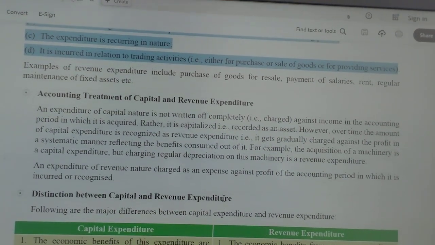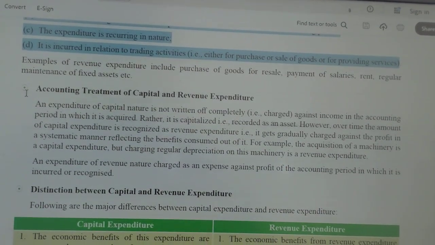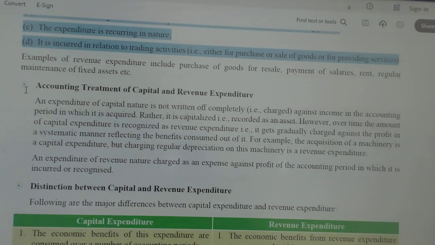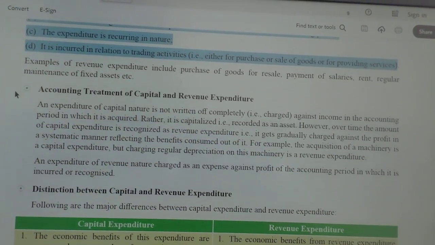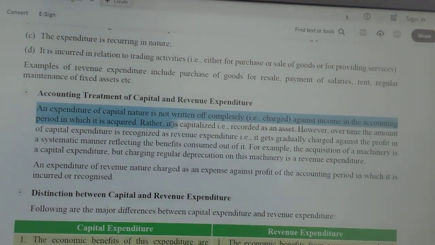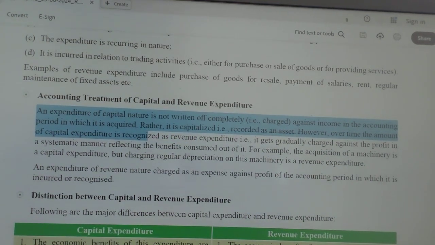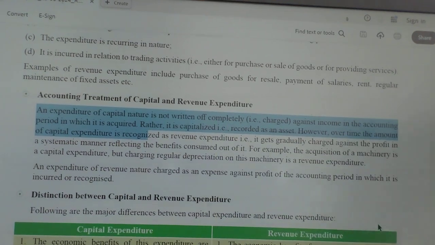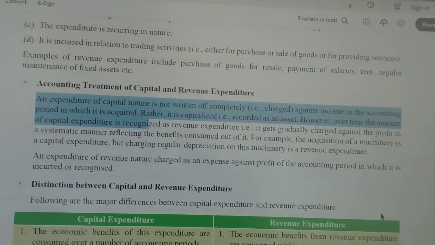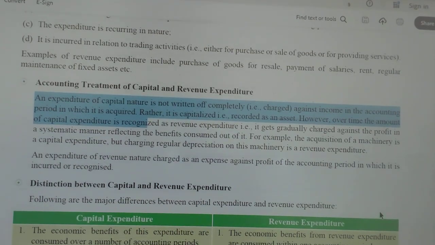Now we will see the accounting treatment of capital expenditure and revenue expenditure. How are such expenses treated in our books of account and financial statements? Let's read one by one. Capital expenditure is capital in nature, so we generally capitalize it in our books of account.